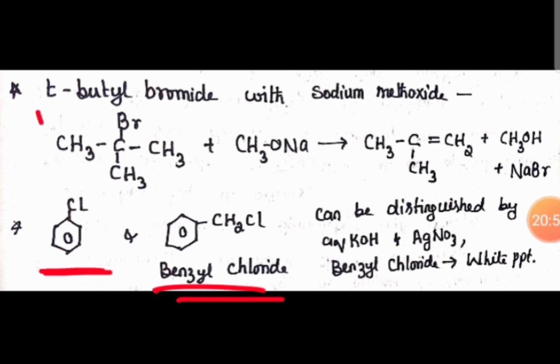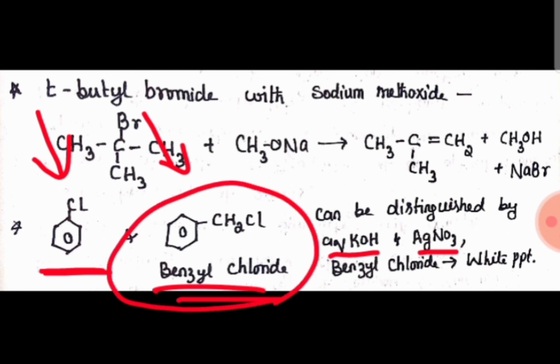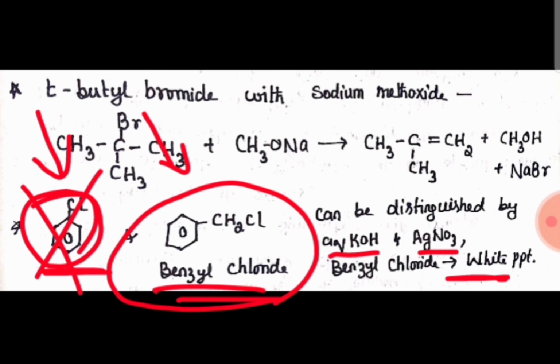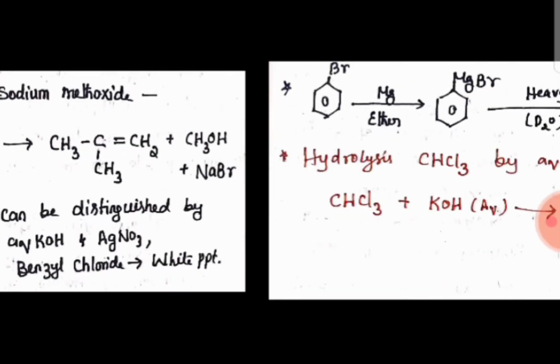To distinguish them, we need to add aqueous potassium hydroxide and silver nitrate. Among these two, benzyl chloride is going to react and form a white precipitate, because chlorobenzene is a haloarene and does not undergo nucleophilic substitution reaction, whereas benzyl chloride can easily undergo nucleophilic substitution reaction and produce a white precipitate.